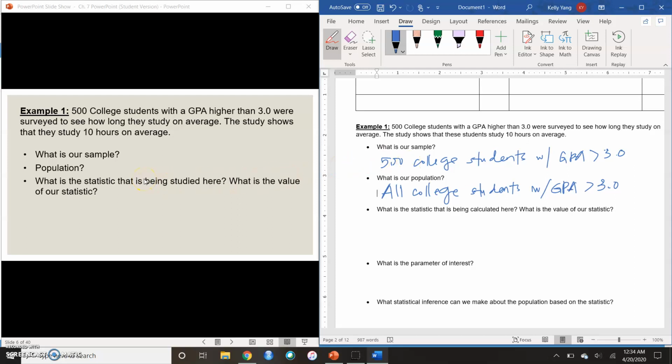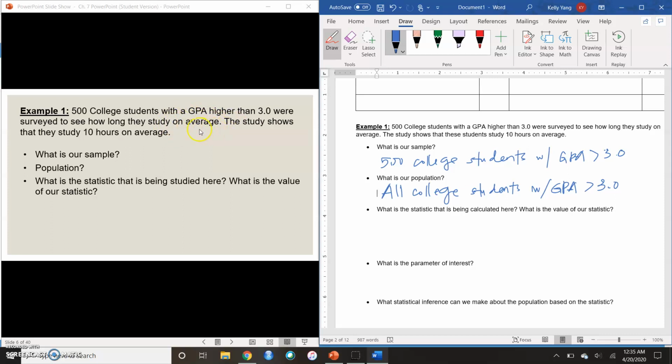The next thing I want us to look at is what is the statistic being studied in this example, and what is the value of our statistic? Again, a statistic is a numerical summary that describes some aspect of the sample. We have 3 examples: the sample mean, the sample standard deviation, and the sample proportion. Out of these 3, which one is being studied? I hope you answered the sample mean, because here we're looking at the number of hours they study on average.